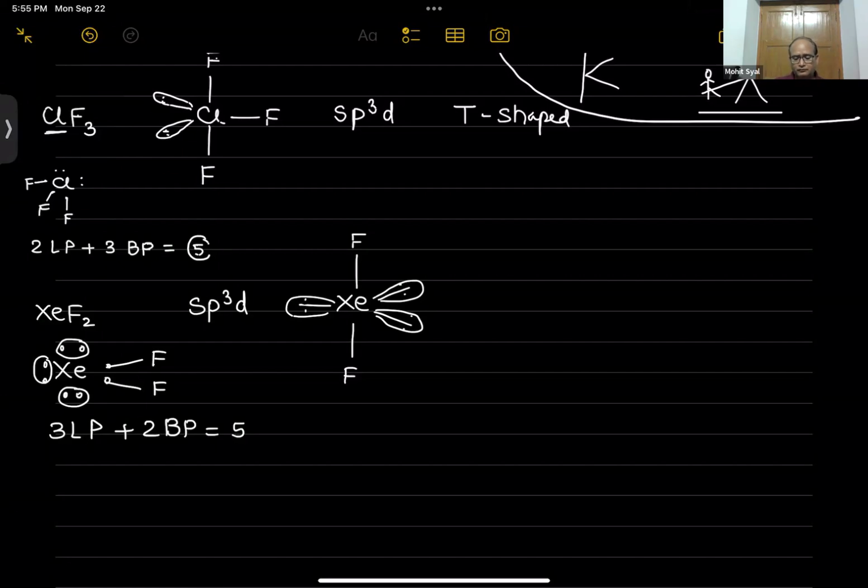So what is the bond angle? In this case, 120 and 90, 180. What is the shape known as?